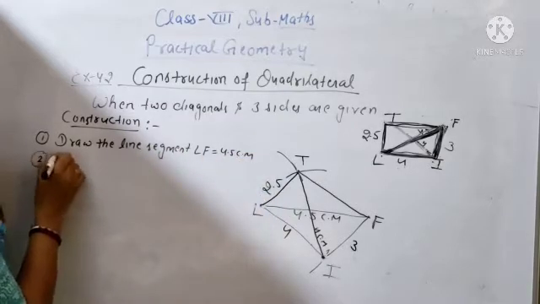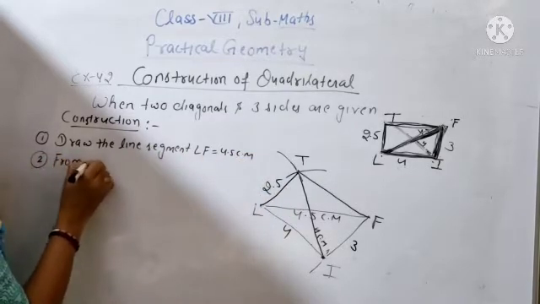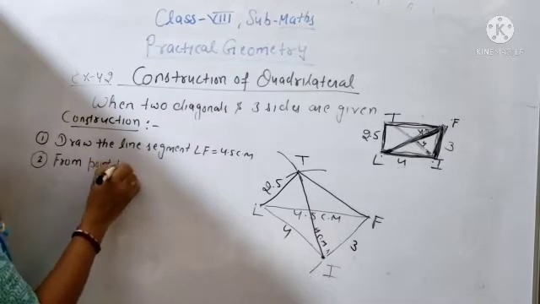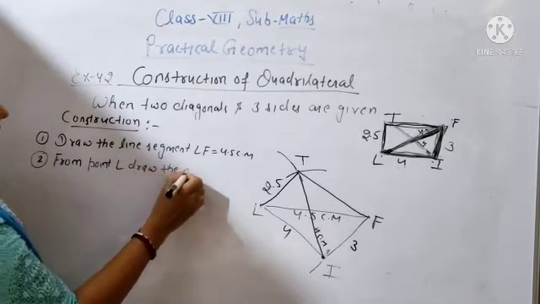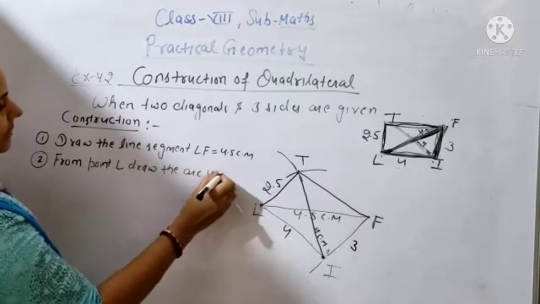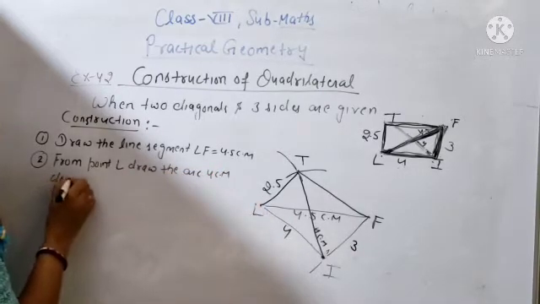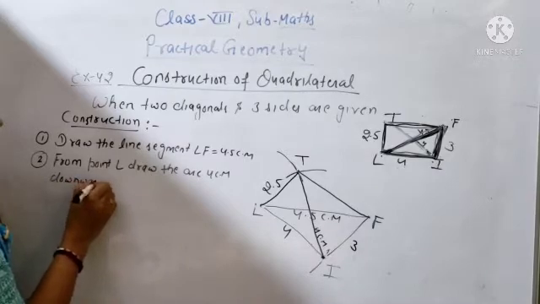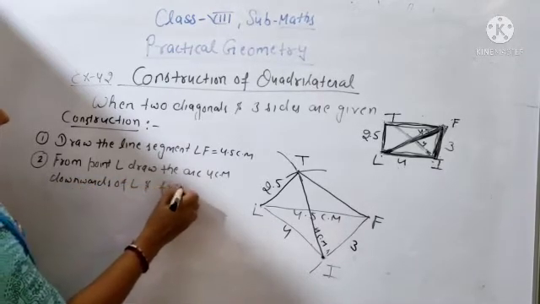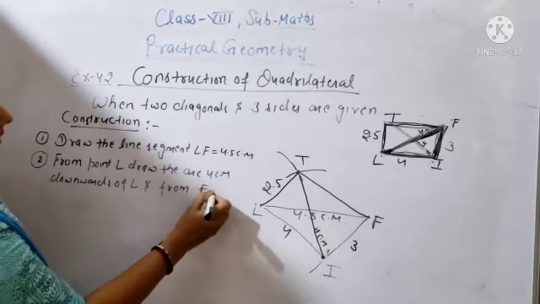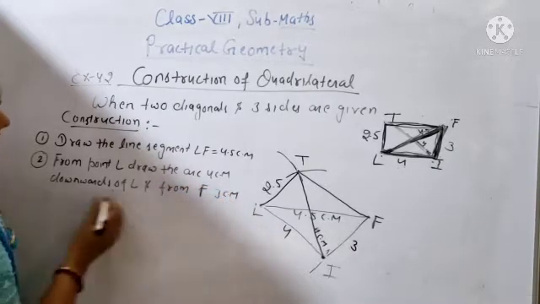Second, from point L draw the arc 4 centimeter downwards, and from F 3 centimeter downwards.